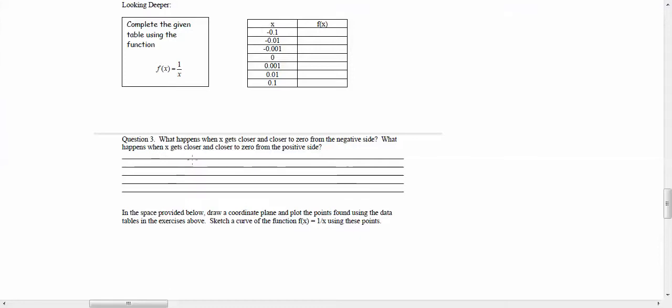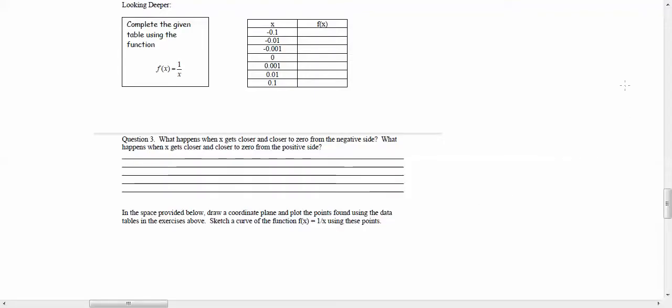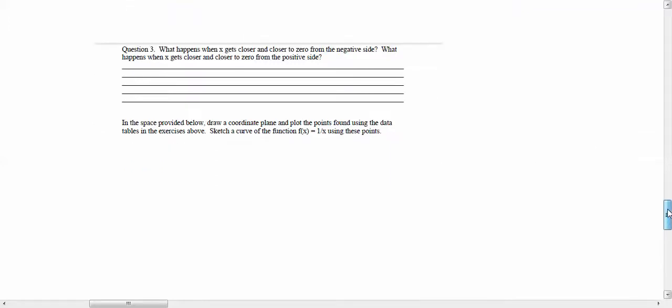What happens when x gets closer from the positive side? If we're traveling along the right-hand side of 0, x is getting smaller and smaller, approaching 0, but your y value is exploding to infinity. It goes up and up and up. The prompt says, in the space provided, draw the coordinate plane. Well, I don't need to draw it because I just showed it to you.